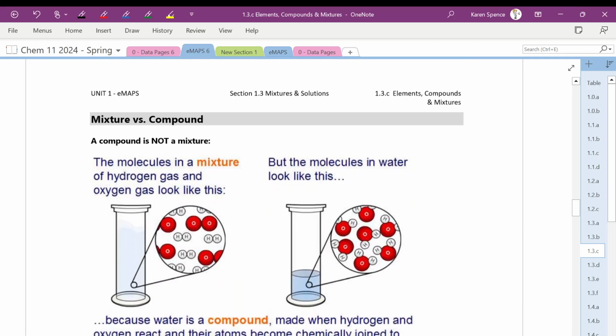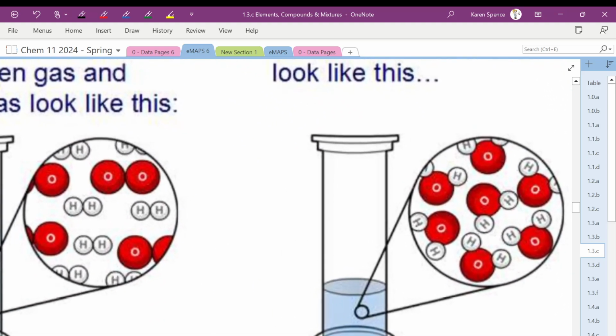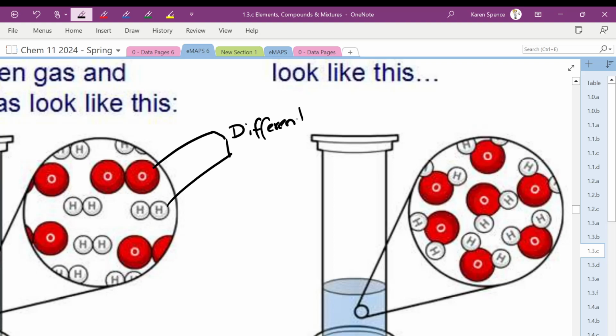Mixture versus compound. Which of these is a mixture and which is a compound? This guy here has different particles. And if you have different particles, you have a mixture.